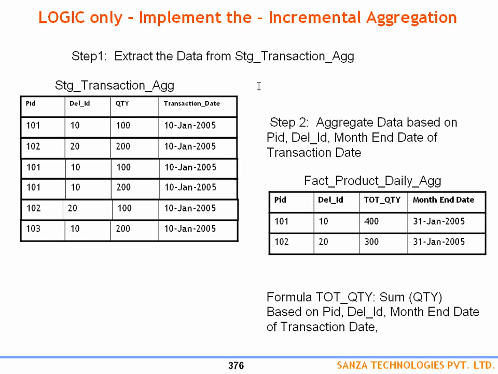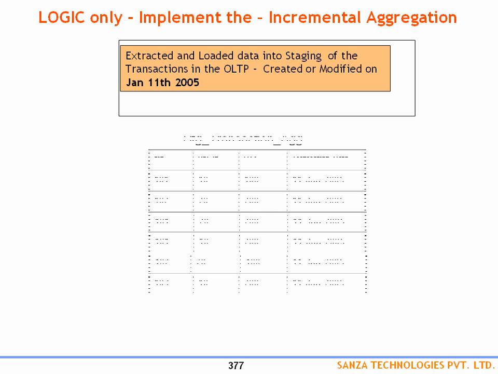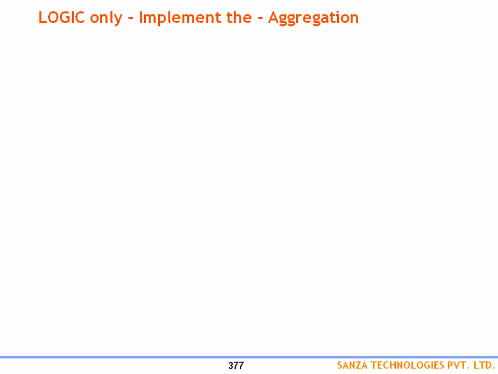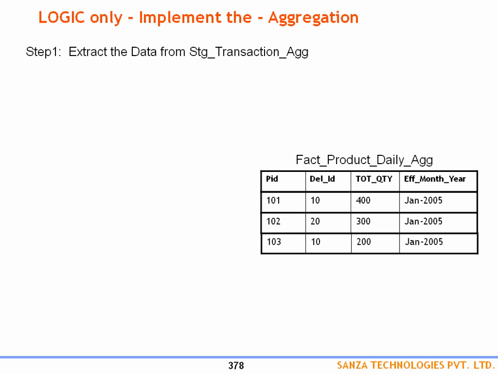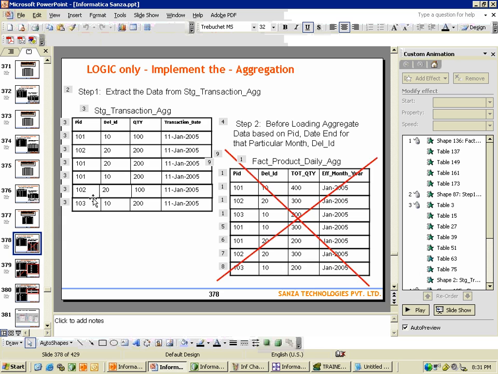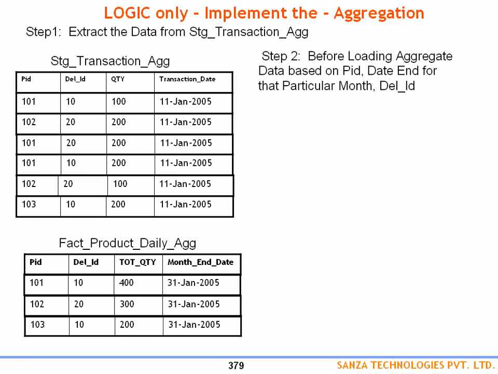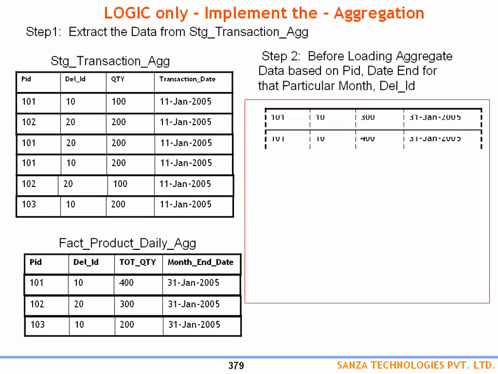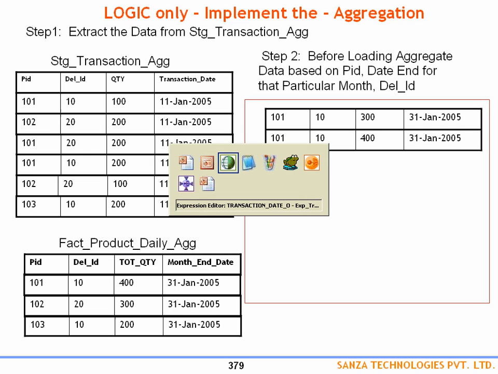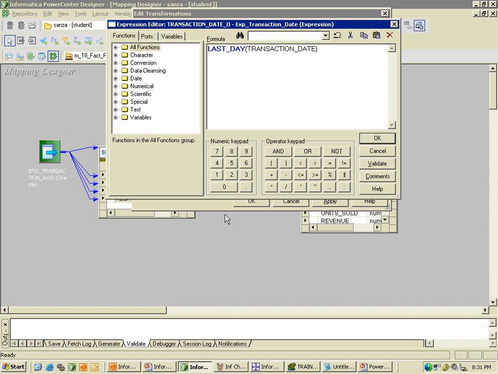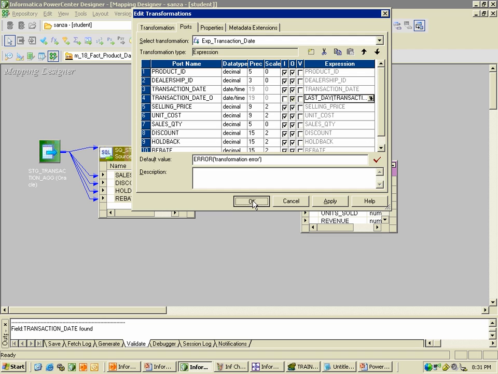So the next day when I load the data of 11th January, I have to calculate the last day of the month. So I'll use LAST_DAY on my transaction date.